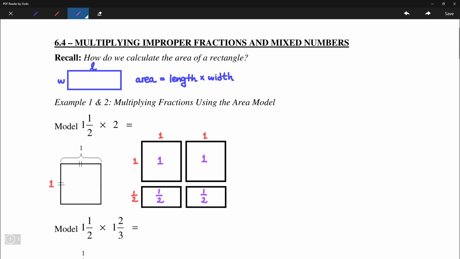So in other words, 1.5 multiplied by 2 is equal to 1 plus 1 plus 1/2 plus 1/2, which is equal to 3. Which also makes sense since we have an area of 1, 2, and then these two halves added together would make it 3.